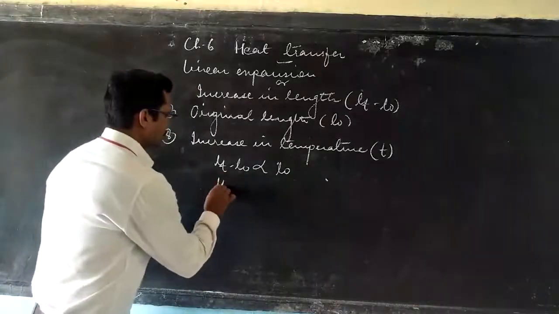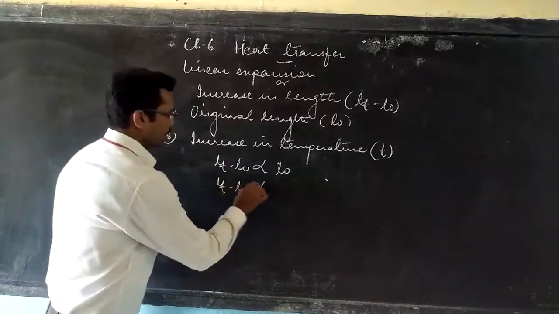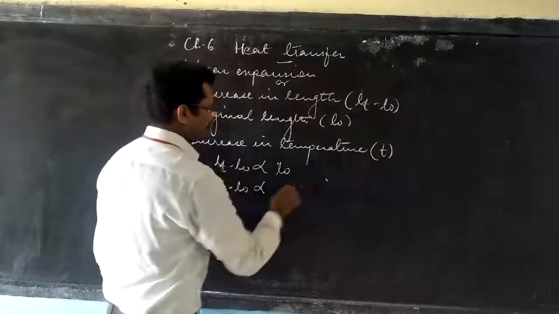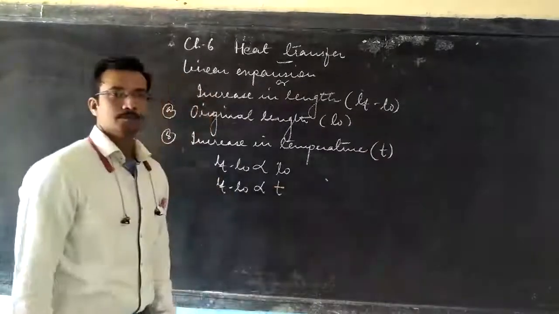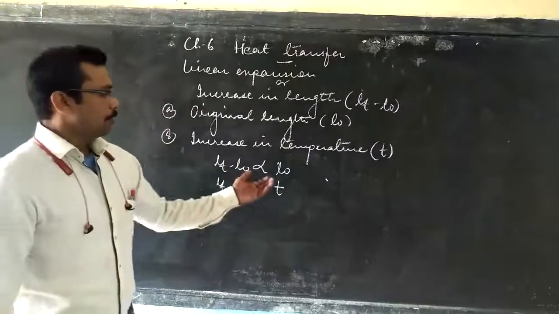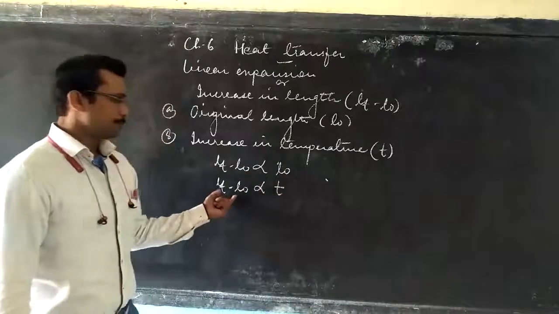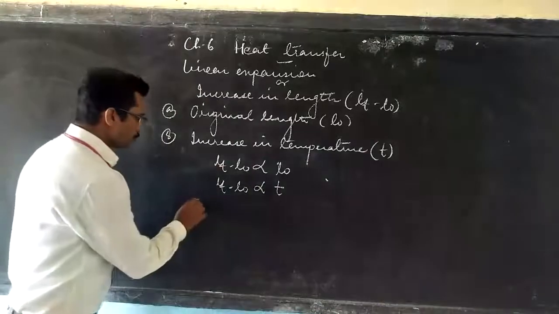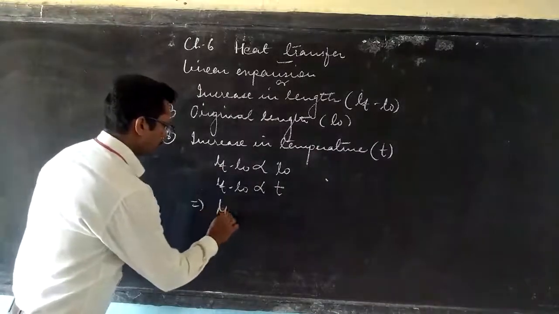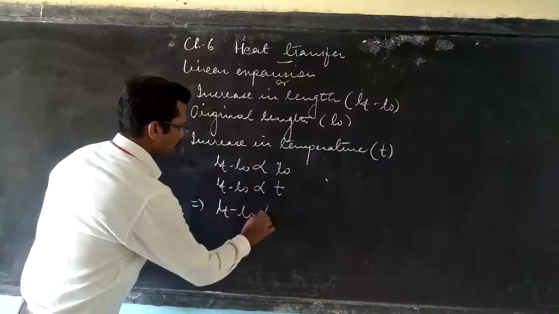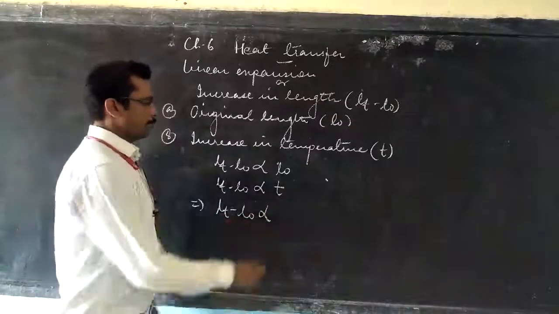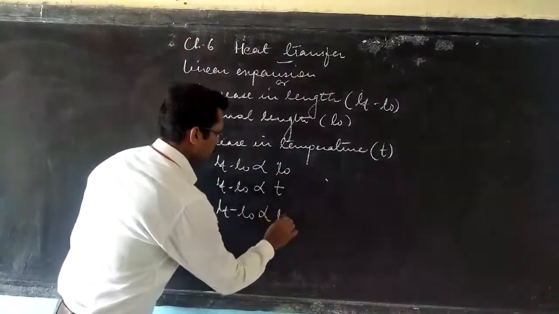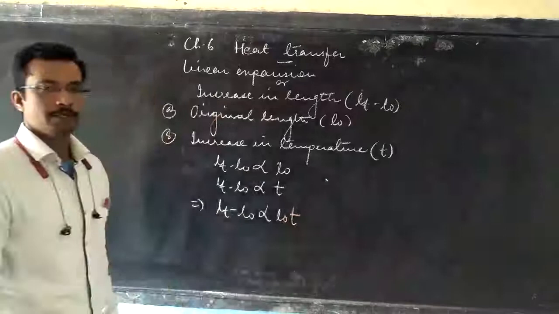Similarly, we can also write increase in length is directly proportional to increase in temperature. It means on increasing the temperature, the linear expansion will also increase. Now combining these two, we can write that it is directly proportional to both original length and increase in temperature.